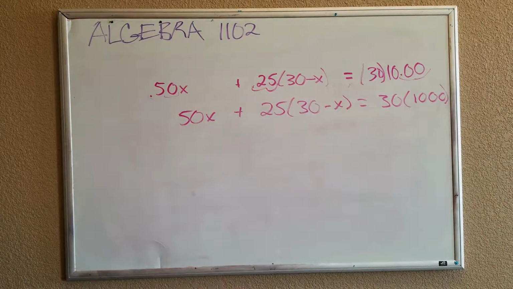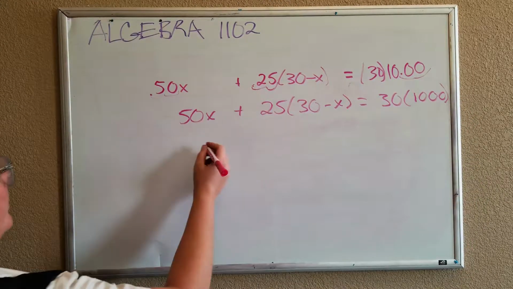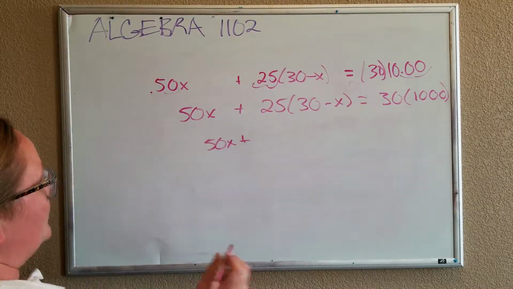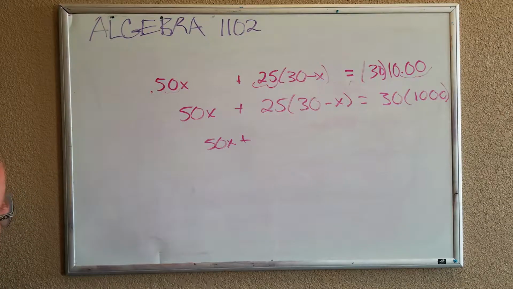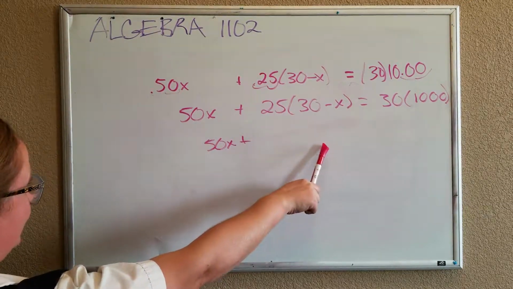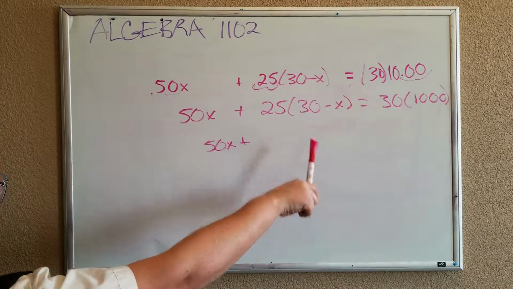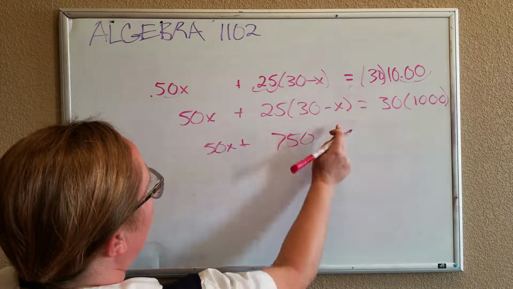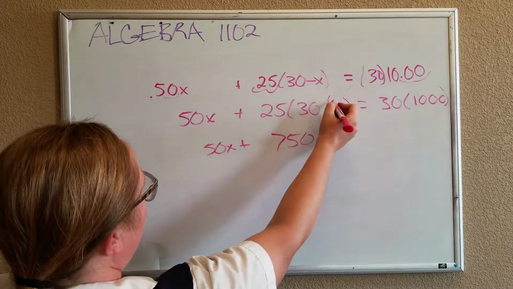All right? So do your distributive property here. You have 50x, 25 times 30. So 25 times 4 is 100, and 4 goes into 30 7 times. 750, and then 25 times, and check out this negative x right here.